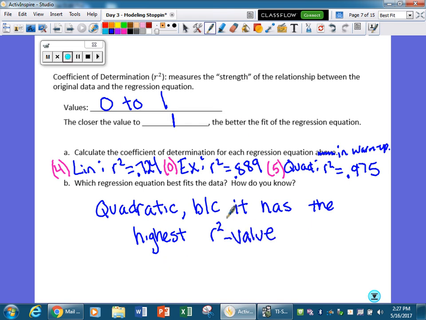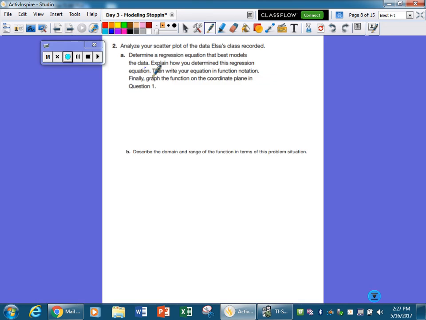All right, so that was us practicing it. Now we're going to go back to our book notes and turn to page 941. And you should see question number 2. Now question number 2 is we want to analyze the scatter plot and decide which one works best. So we need to decide whether we like linear best.